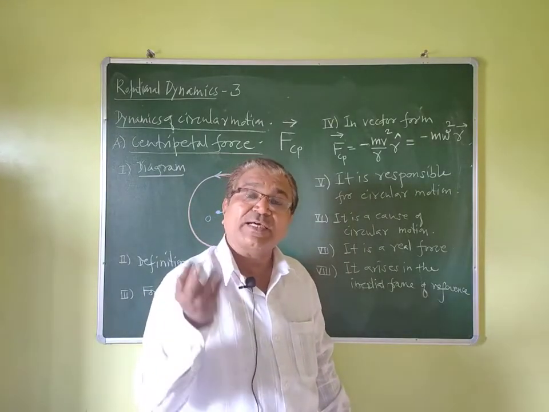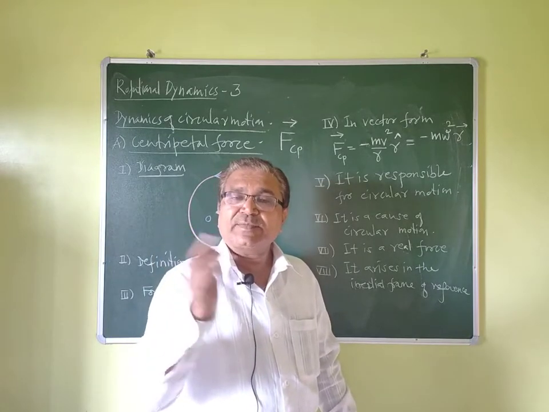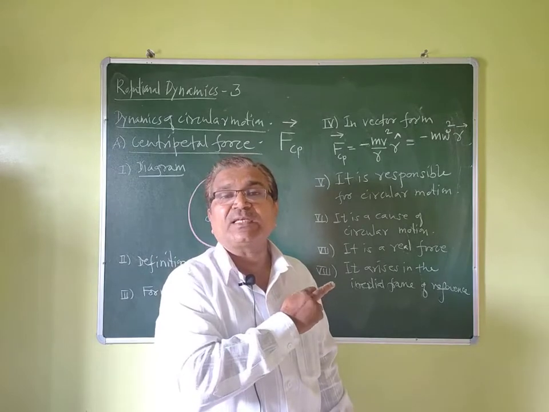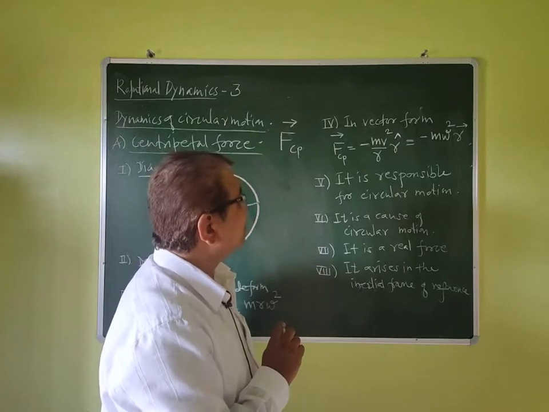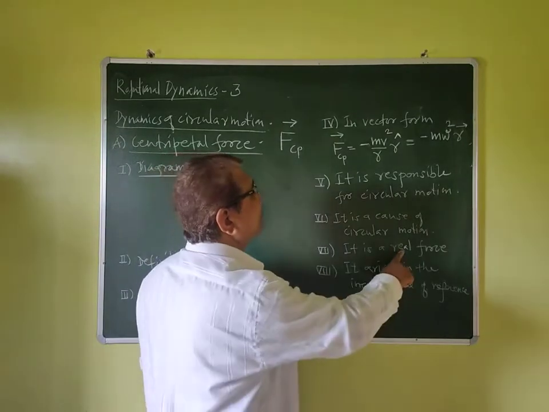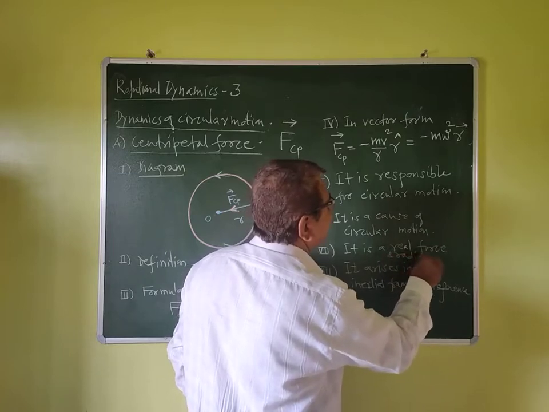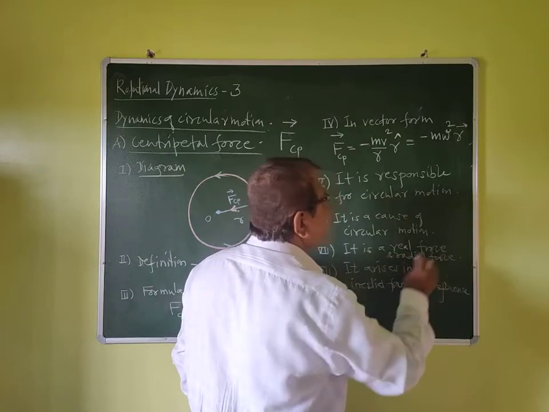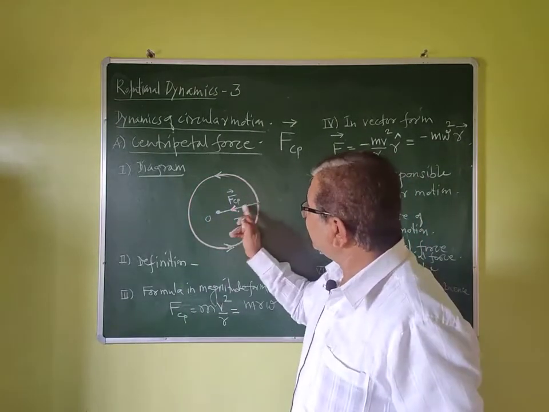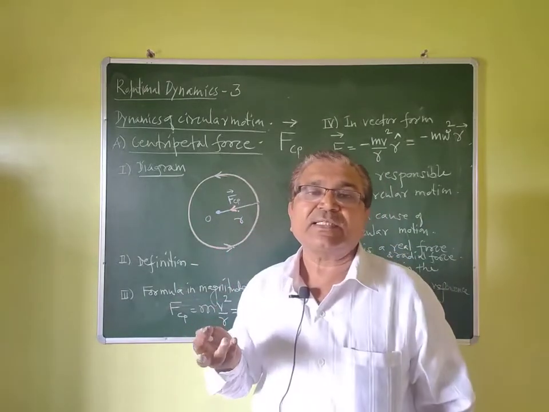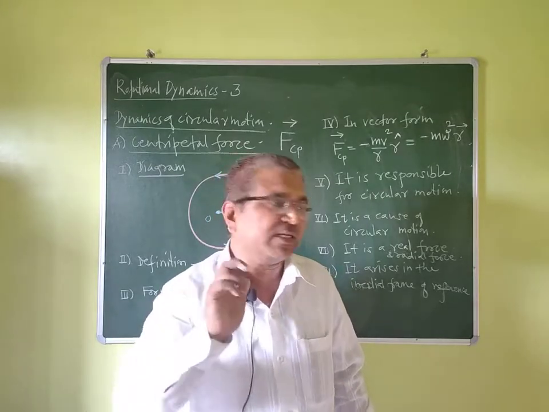I have explained that earlier, because we will have to use that concept here while explaining centripetal force and centrifugal force, dear guys. So it arises in the inertial frame of reference. It is a real force. It is also called radial force. Why do we call it radial force? Because it is acting along the radius. So centripetal force is a real force and a radial force.